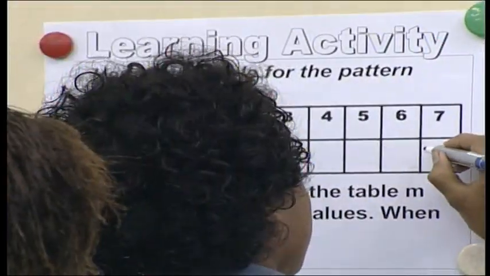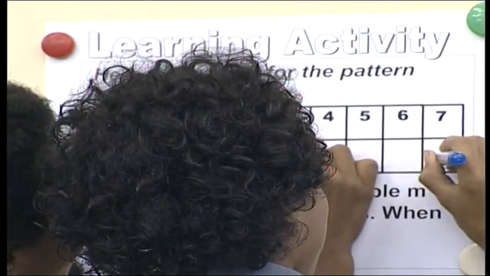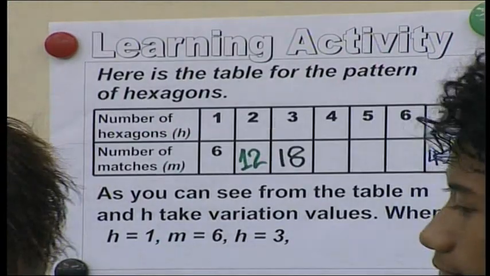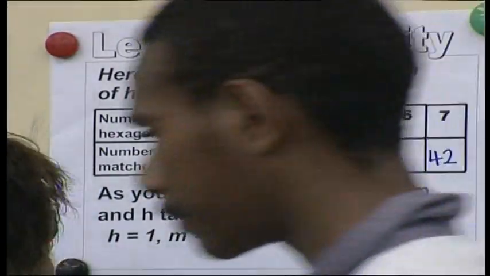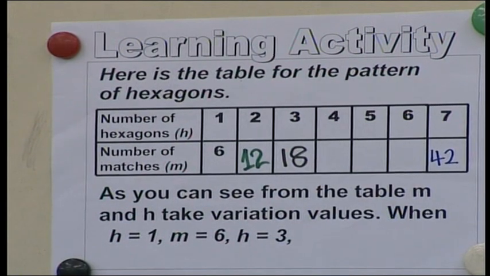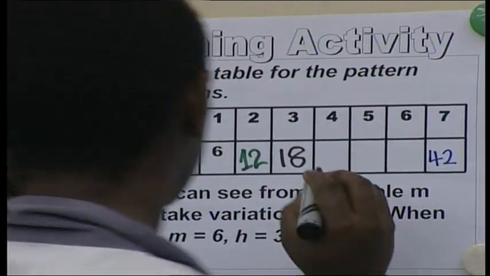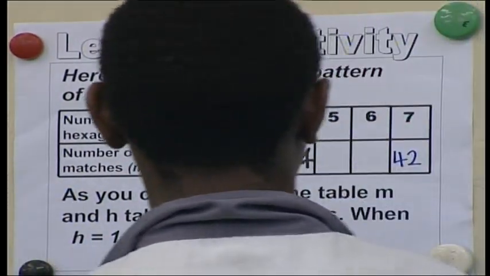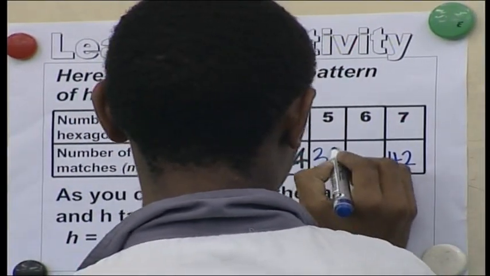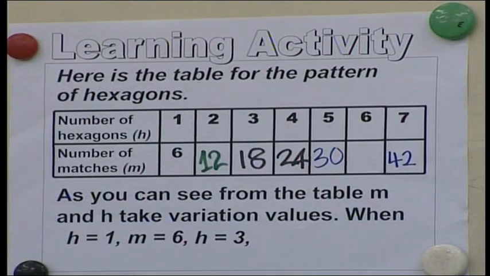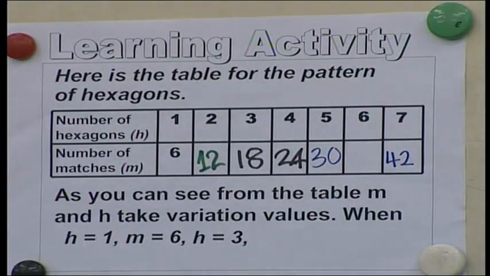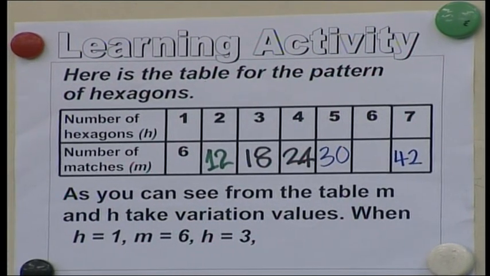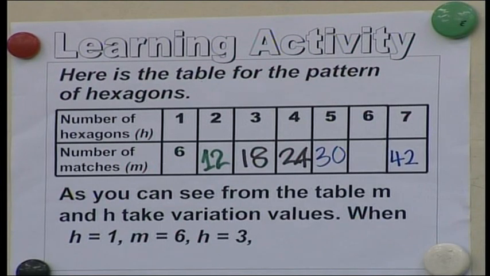Write neatly. Okay, let's have the last one. 6 hexagons, it's still missing.